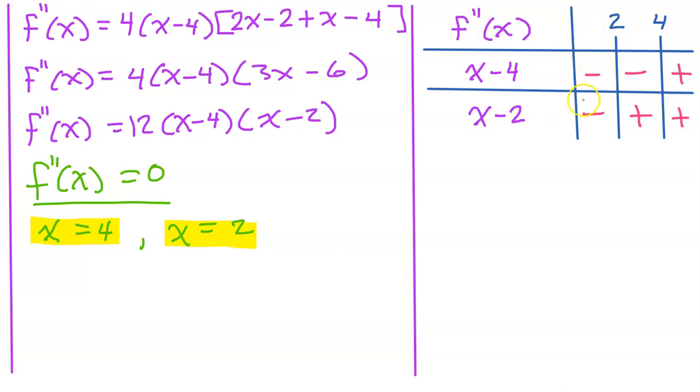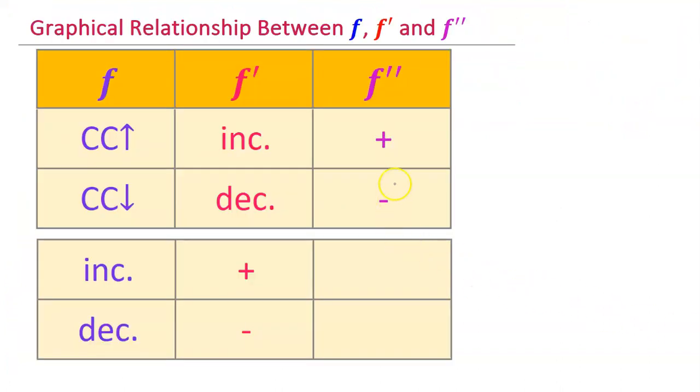Let's think about the overall result for f double prime. We would have a negative times a negative in the first column, so that would be a positive. A negative times a positive is a negative, and a positive times a positive is a positive. We learned a long time ago that if f double prime is positive, f is concave up.